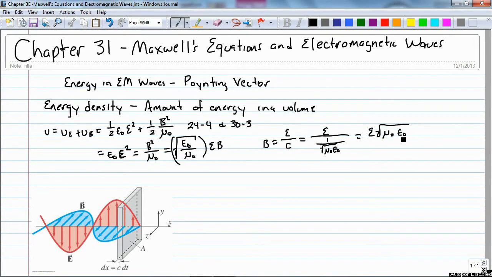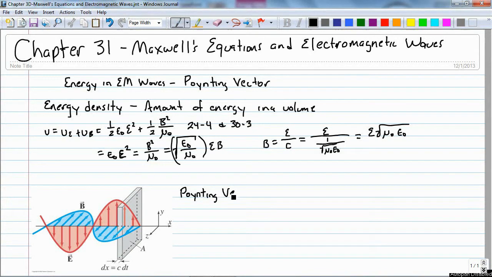So we have all these different relationships, but we can look at what's called Poynting's vector to use these relationships in a useful way.